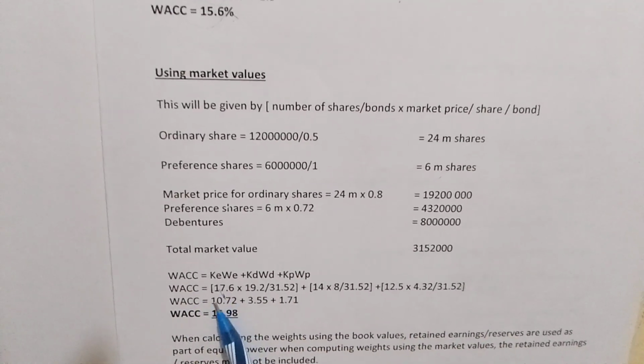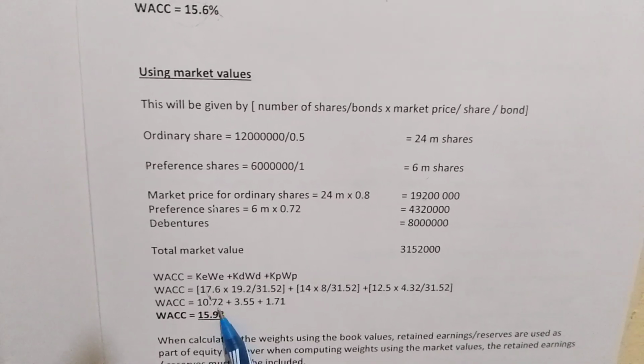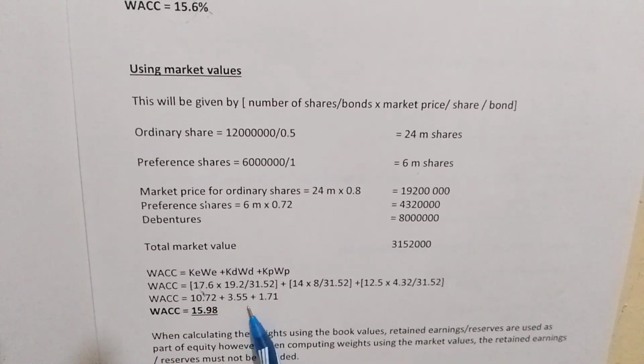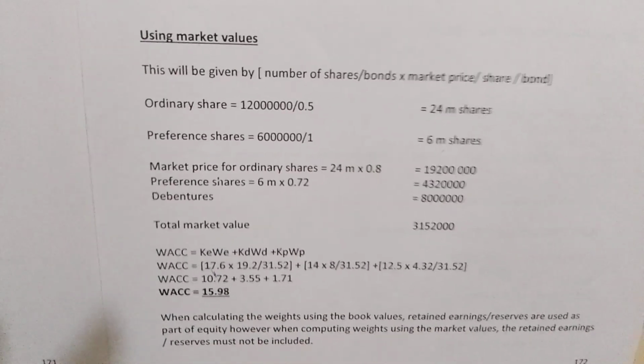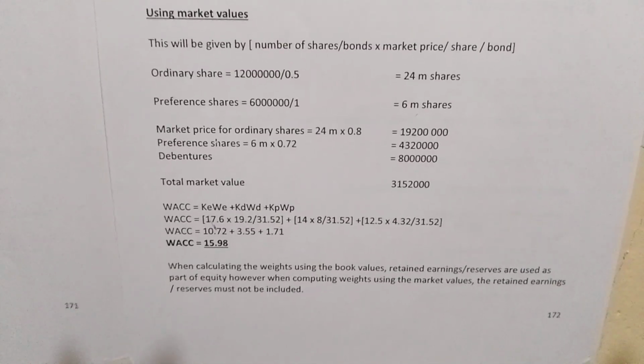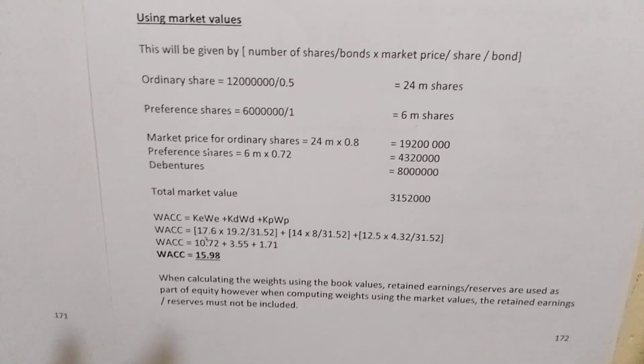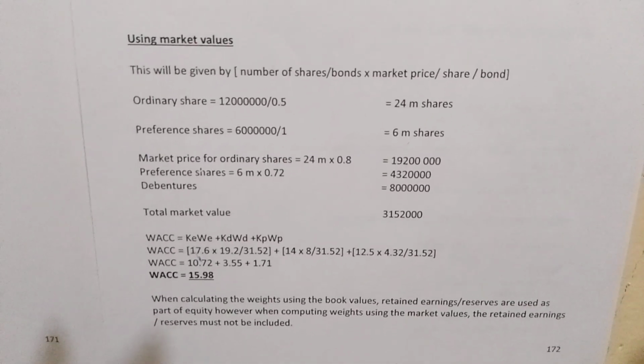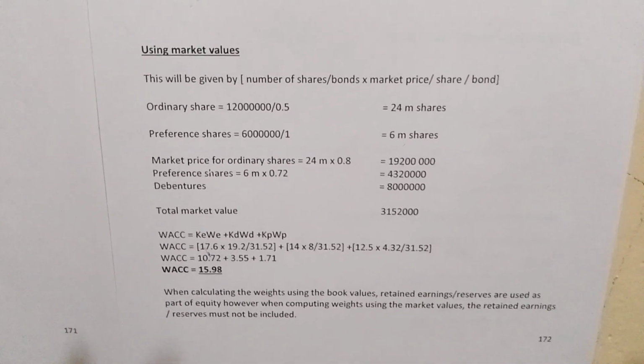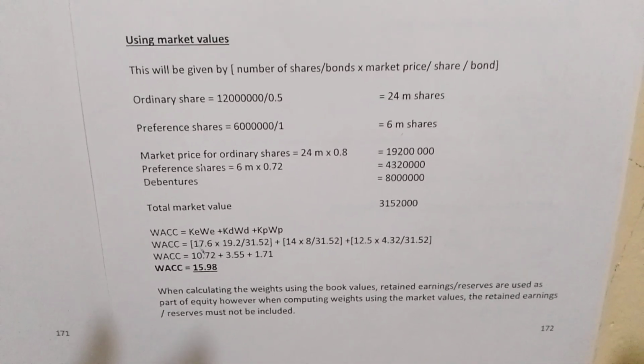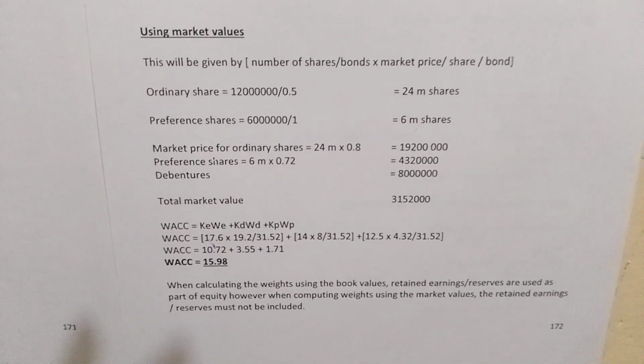So you work out this part now. So WMCC will be 10.72 plus 3.55 plus 1.71. And our WMCC using our market values will be 15.98%.